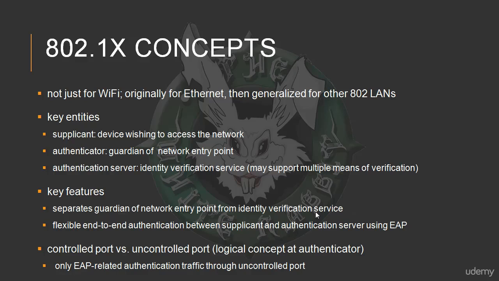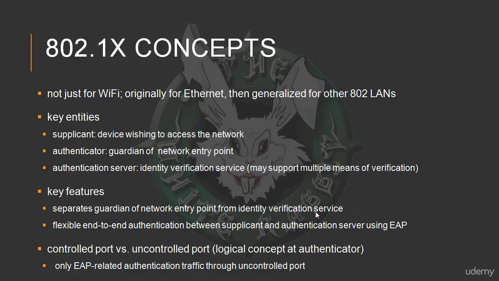There's another concept that we will briefly mention here, and then we will take a look at the flow chart to explain this further. So this is control port versus uncontrolled port. This is a logical concept at the authenticator, which in this case is the access point.